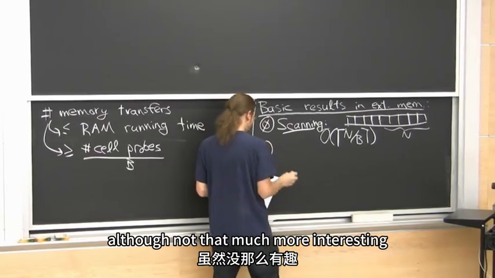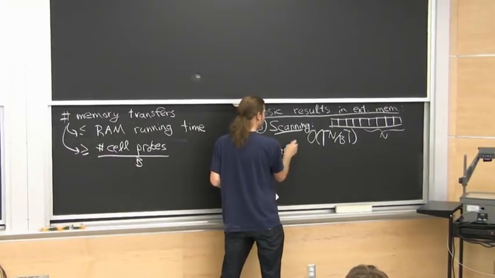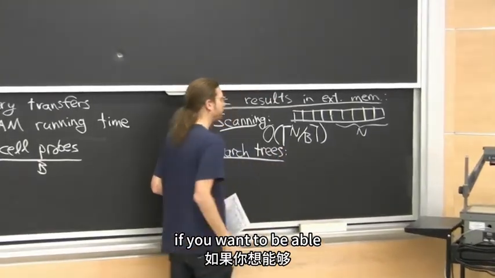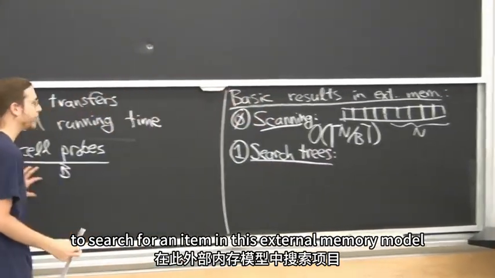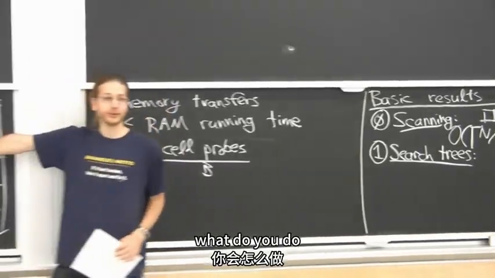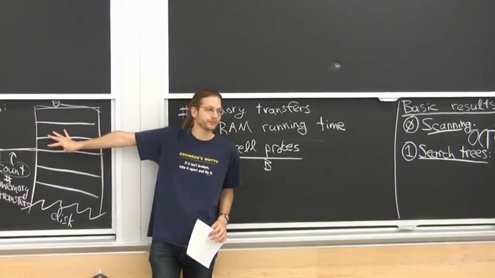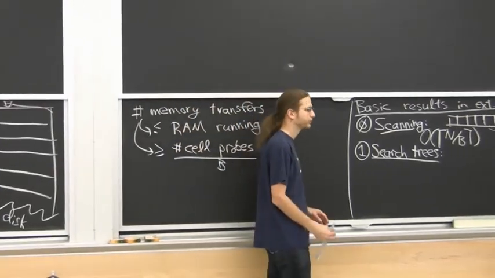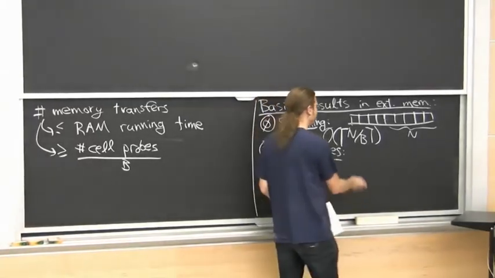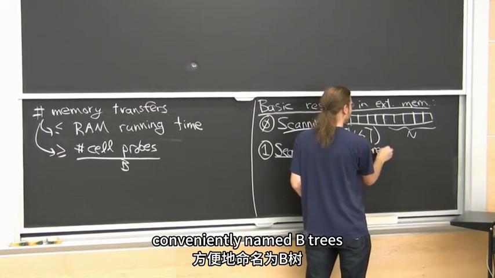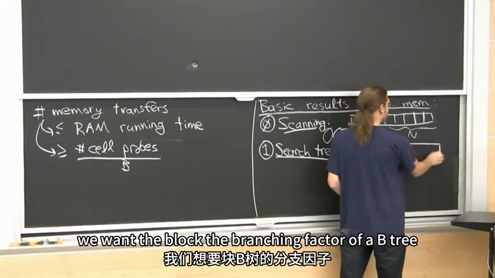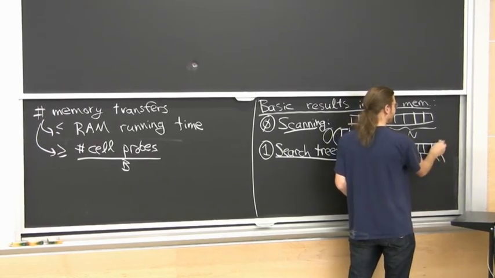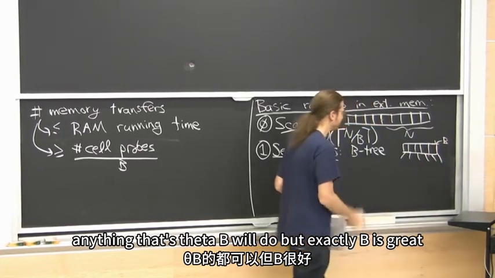Slightly more interesting, although not that much more interesting, is search trees. If you want to be able to search for an item in this external memory model, what do you do? B-trees. Conveniently named B-trees. We want the branching factor of a B-tree to be B. Anything that's theta of B will do, but exactly B is great.